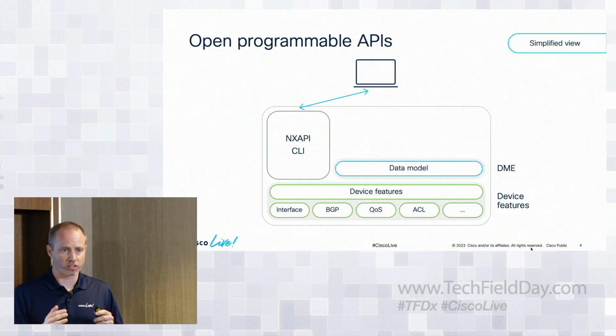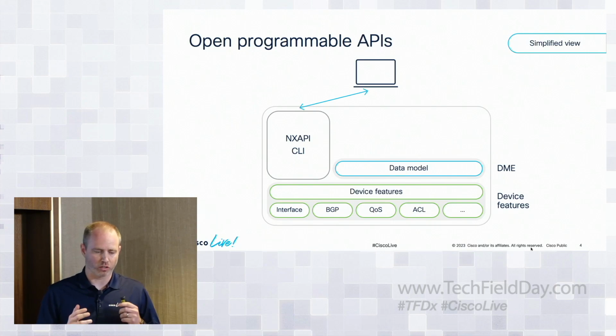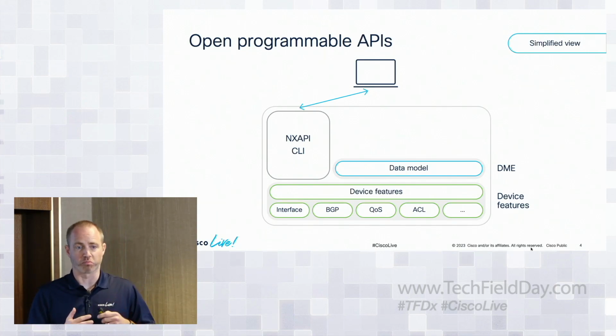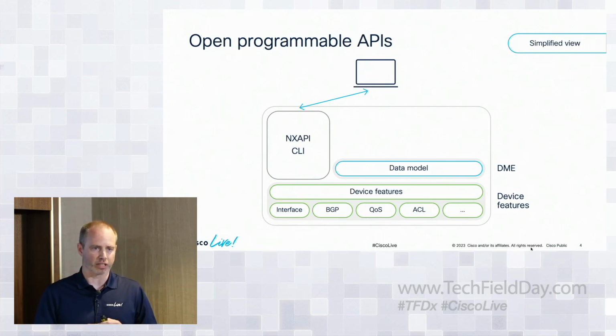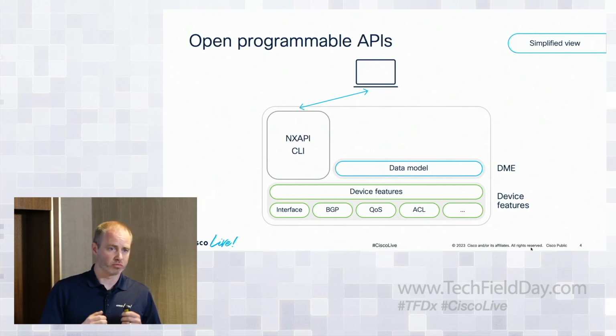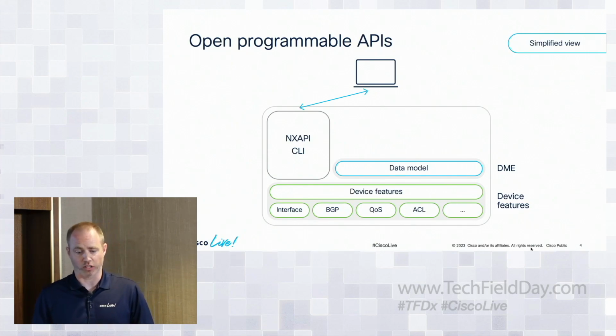That's a nice starting off point, but it doesn't quite meet the requirements and the capabilities of what we call our model-based solutions, which are much more efficient and more easily integrated. The foundation of all of these integrations on NXOS is what we call our DME, our data management engine.